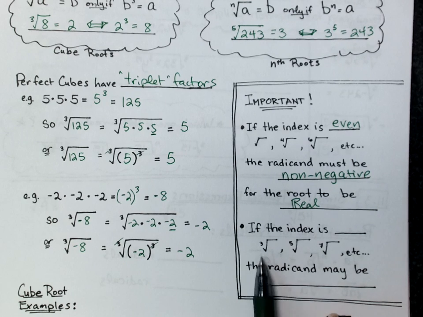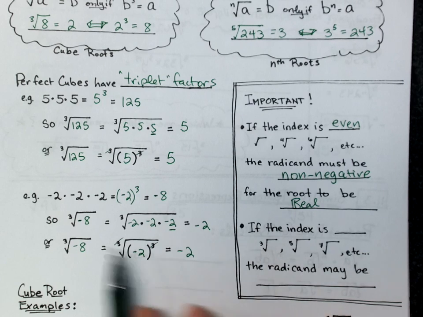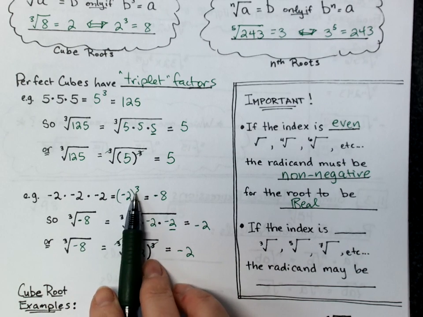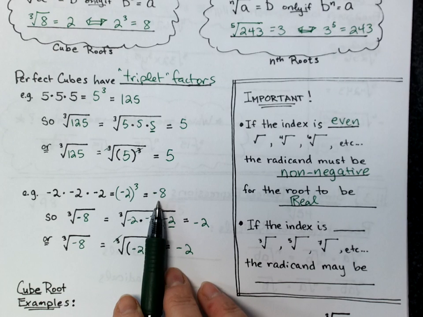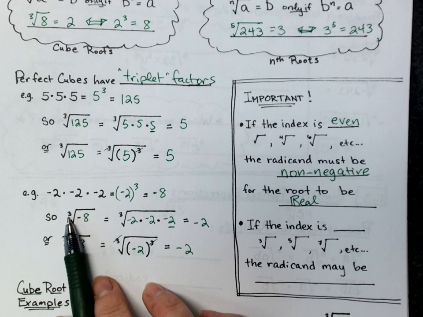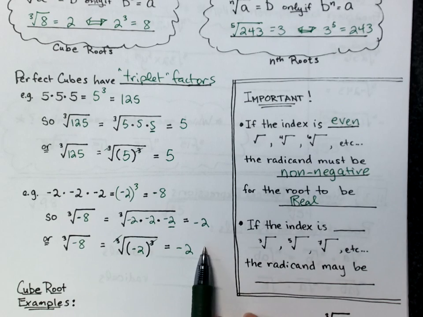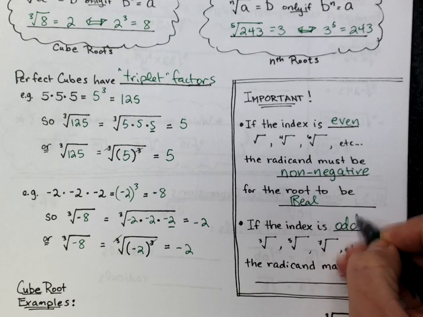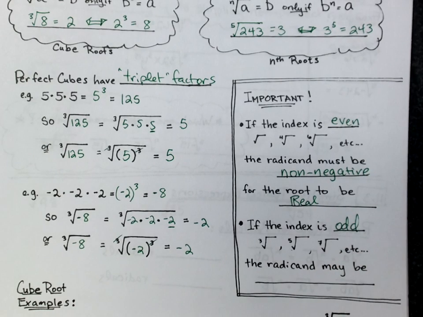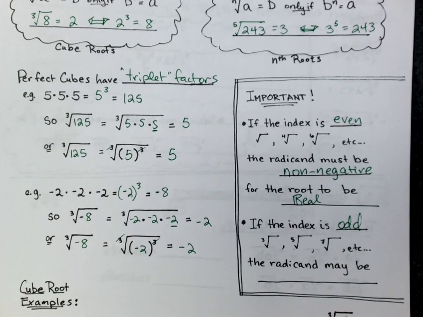However, if the index is odd, that means pairs of negatives cancel out, but you've got an extra negative. Okay? Negative bases with an odd exponent give you a negative answer. And odd indices with a negative radicand give you a negative root. Not a problem. So if the index is odd, meaning cube root or any other odd number, 5, 7, 9, etc., then the radicand can be what?